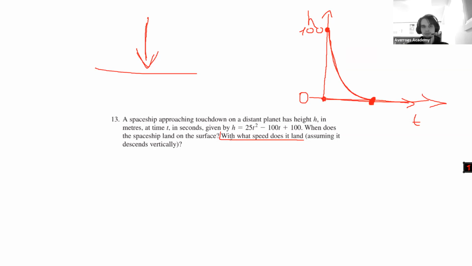So first thing, when does the spaceship land on the surface? We need to find the value of time when it lands. So let's say that the right hand side is equal to the left hand side, and the left hand side is equal to 0. We're simply going to solve this equation.